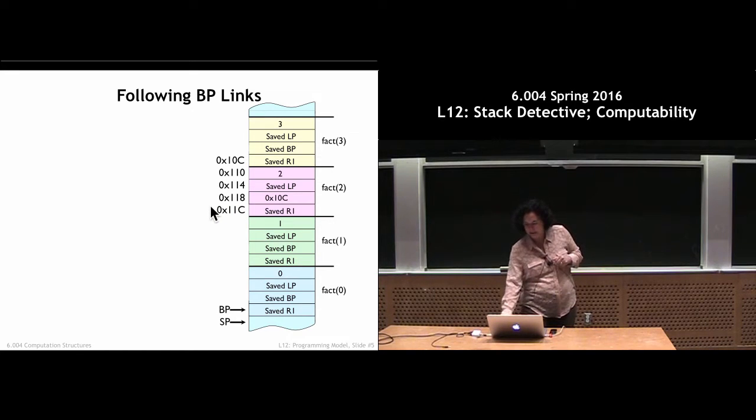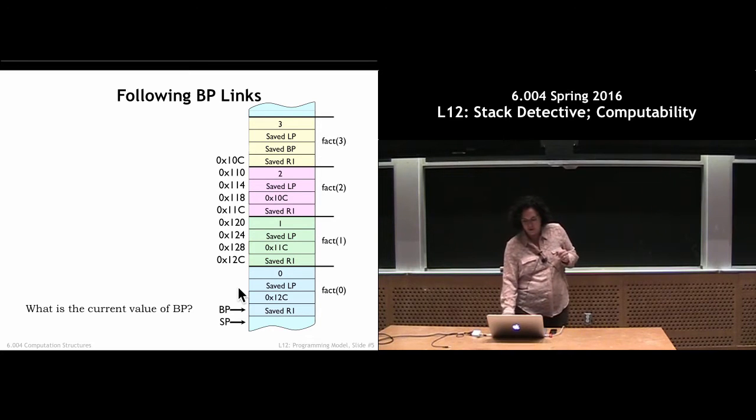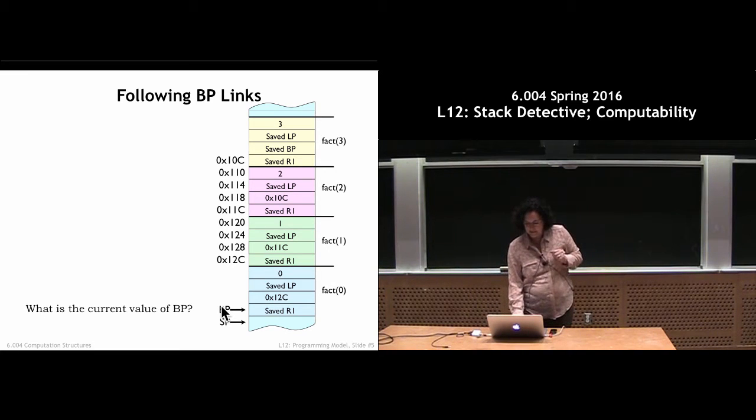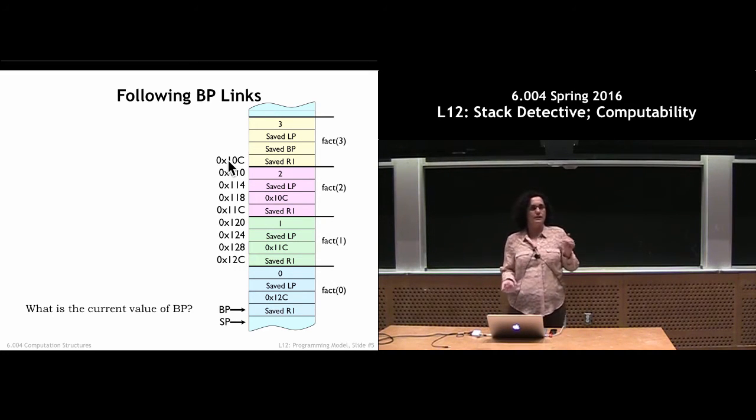And so what that tells me is that over here, in this green location, the value that's going to be stored for the base pointer is 0x11c. You can continue in this manner to answer questions like, what's the value of the current base pointer? Even if you weren't shown that the base pointer is pointing to this location, you should be able to figure it out from having seen this original value of 0x10c and the code itself, which gives you information about what your activation record looks like.